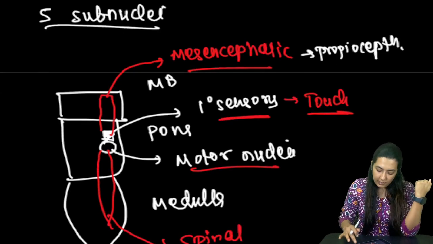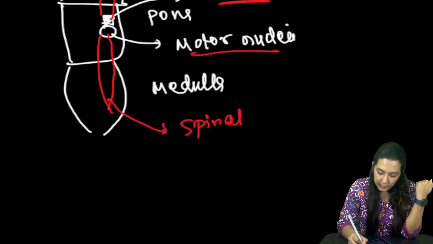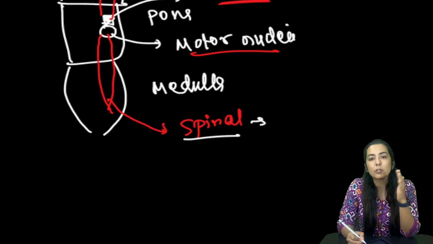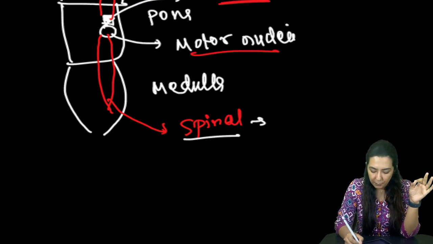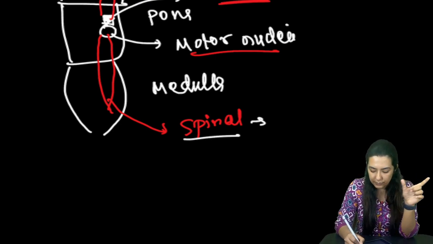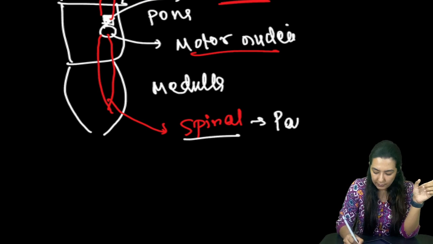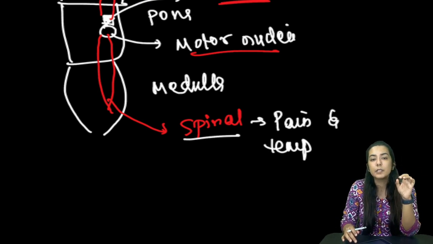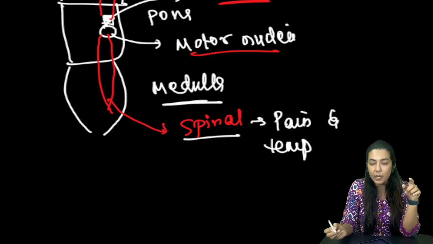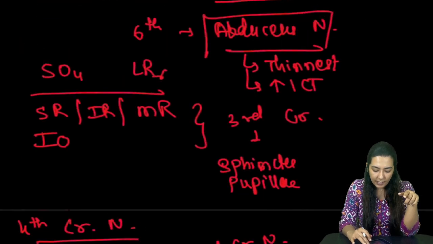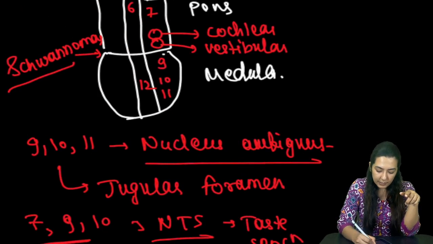And the spinal nucleus means it is near the spinal cord. You can remember it like this: the spinothalamic tract in the spinal cord, which we'll discuss in the tracts, is responsible for pain and temperature. Same thing, the spinal nucleus of the fifth cranial nerve is responsible for pain and temperature of the face. This will be important especially when we discuss lateral medullary syndrome, where the spinal nucleus will be affected in the same way as the 9, 10, 11 cranial nerves.